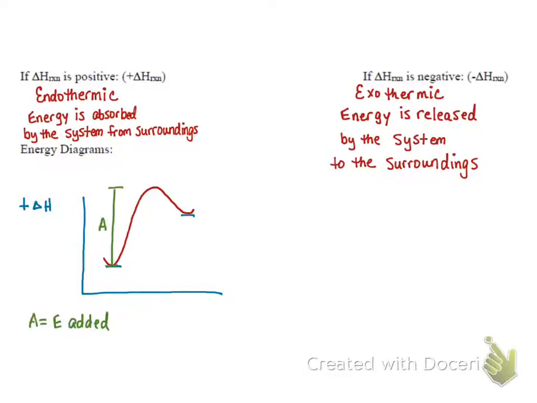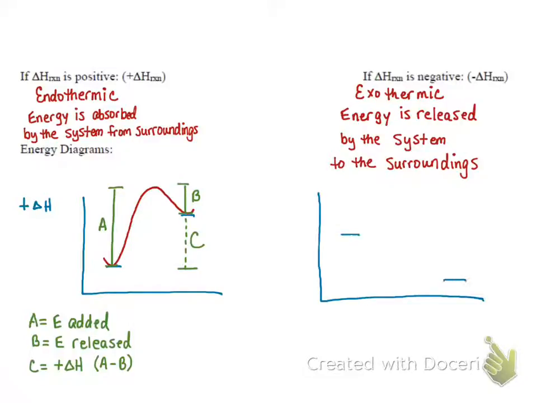And A, this distance here, is the energy that has to be added for the reaction to go, to break the bonds in the reactants. And B, this distance here, is the energy that is released when the new bonds are formed. So energy in is A, and energy out, energy that is released, is B. This distance C is the difference between them. So it's A minus B, and because A is larger than B, ΔH is going to be positive. And that's true for an endothermic reaction.